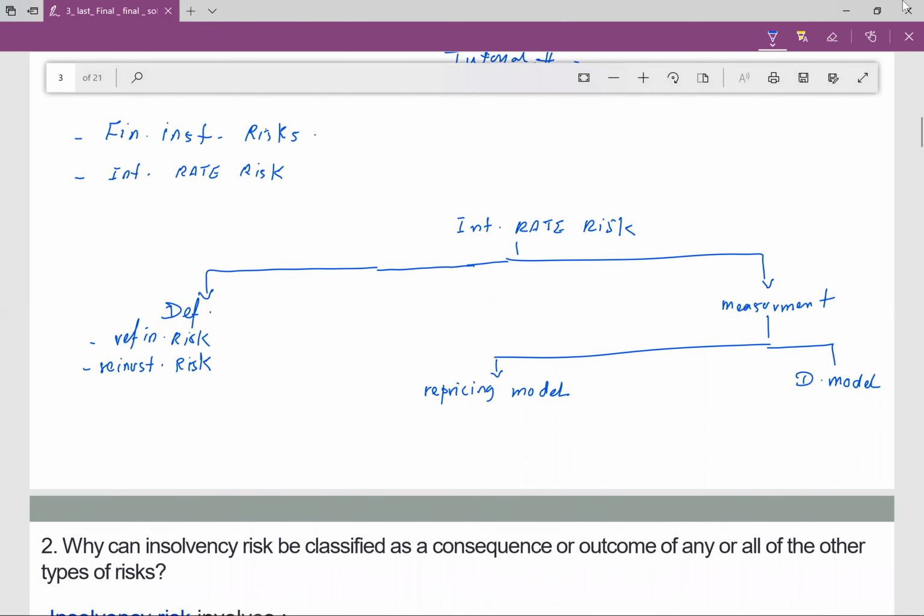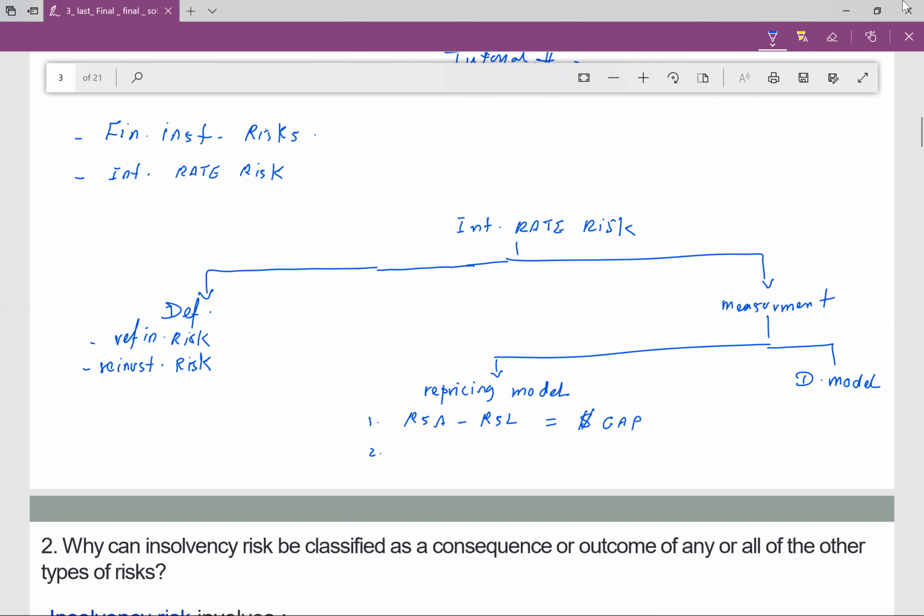So in the repricing model, which is the subject of this tutorial, we are talking about the measurement. And when we talk about the measurement, we talk about one issue. We have to go through two steps. One step is calculating the gap, which is risk-sensitive assets minus risk-sensitive liabilities equals the dollar gap.